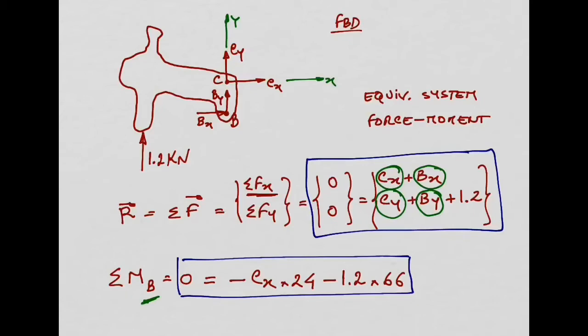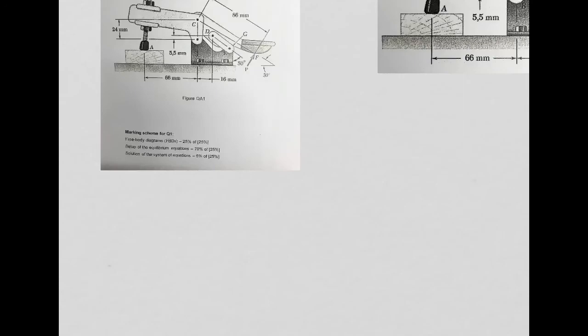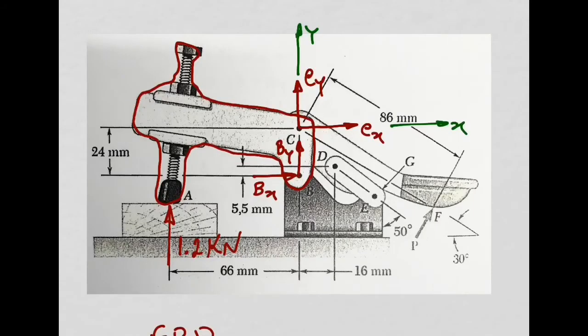So what you have to do if this happens is you need to do the free body diagram for another component of your mechanism. And the other component you can do is the link CF, for example. So I'm going to use this figure here, and I'm going to do it in blue now.